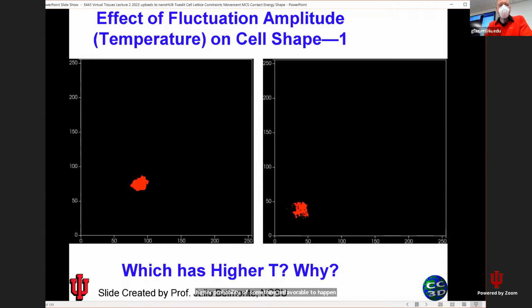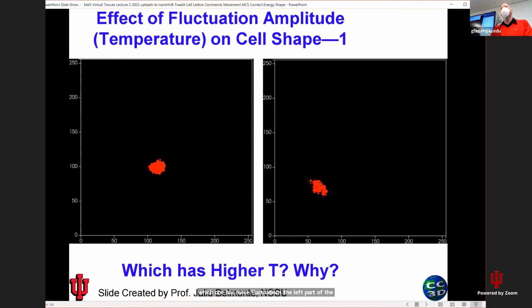Both of these cells are starting in the lower left and they're crawling to the upper right, so something is pushing on them. They both have approximately constant volume. But do I see more fluctuations in one than the other? Which one has more fluctuations, the left one or the right one?